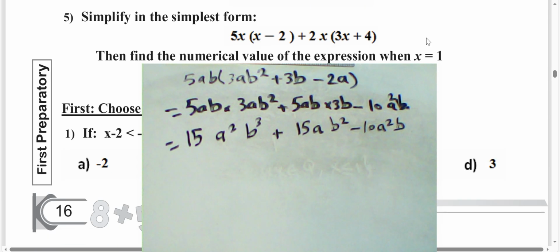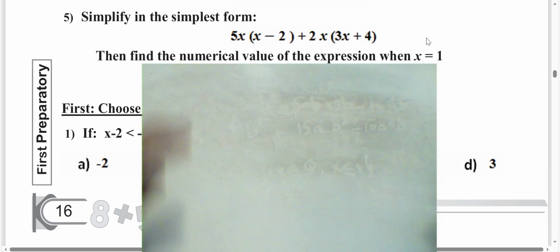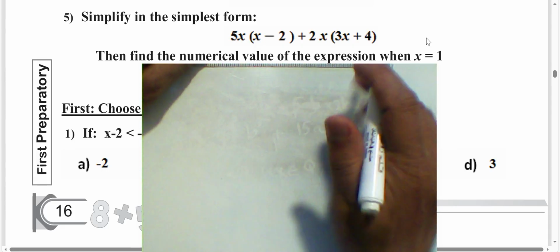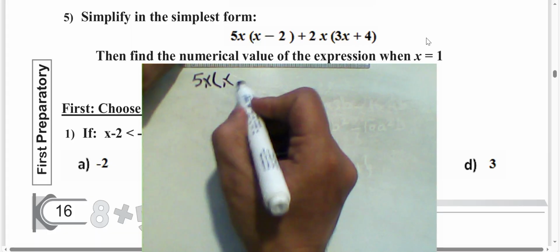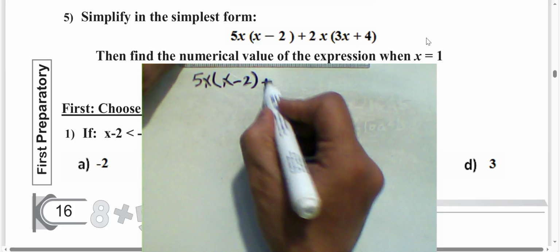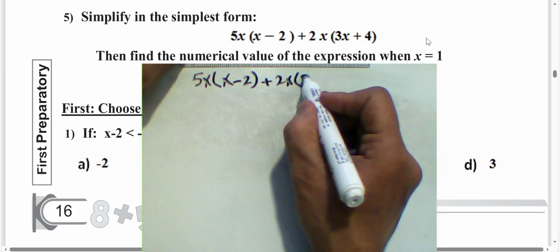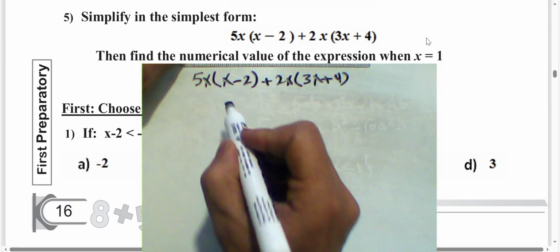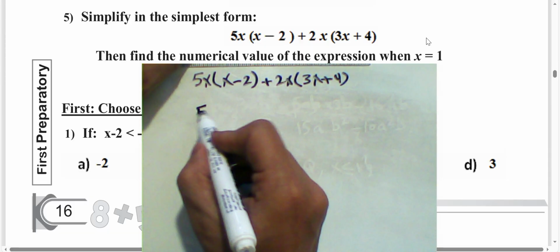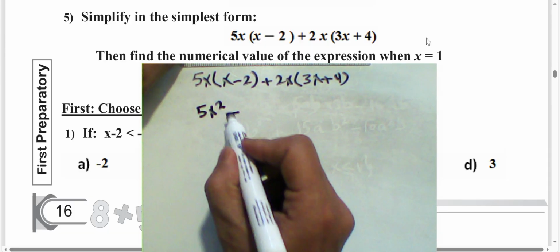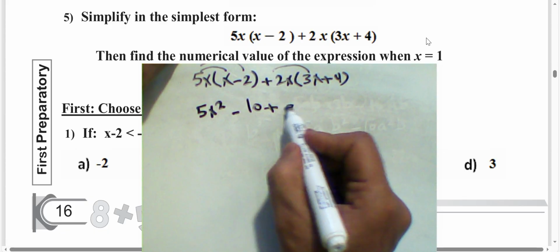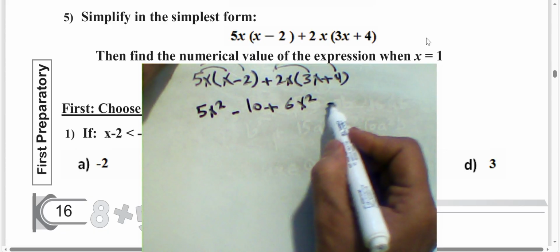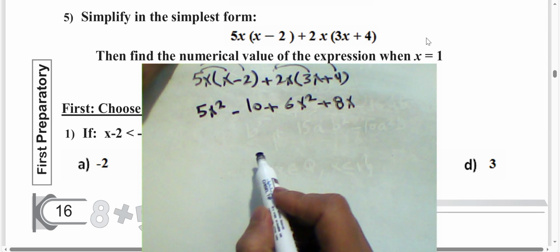Next question, simplify and find the value when x equals 1. We can simplify this expression: 5 product by x in brackets x minus 2 plus 2x product by 3x plus 4. 5x times x is 5x power 2, and then 5 times 2 equals 10. 2x times 3x equals 6x power 2. 2x times 4 equals 8x.